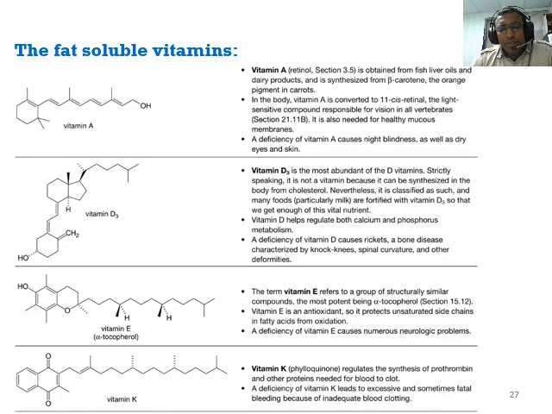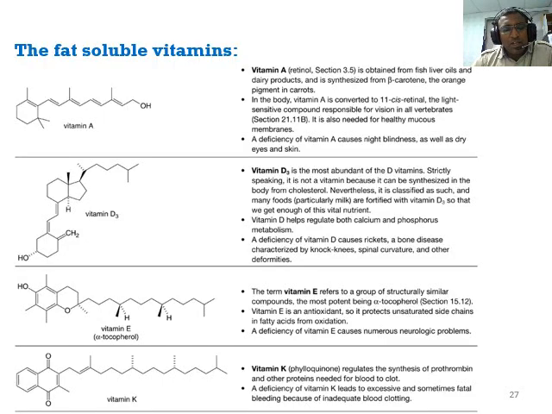So here are given examples of the fat-soluble vitamins, that is A, D, E, K, with some description explaining each one. Vitamin A, obviously, is useful for seeing at night. If there is a lack of it or a reduced amount, then you have a problem having night vision. And then vitamin D, as you know, you can build it by just going into the sun.